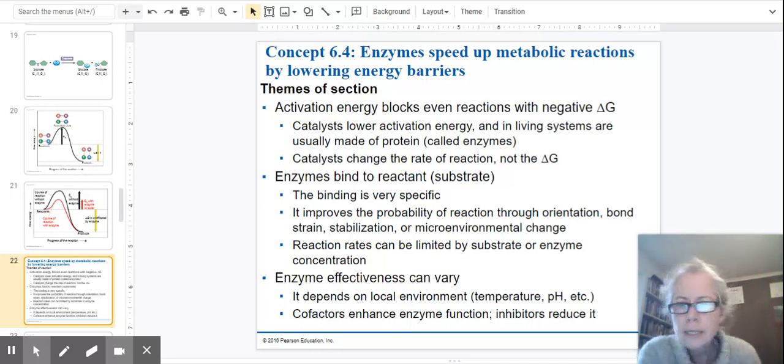And in this section, I'm going to tell you about how enzymes bind to substrate and how they lower activation energy. I'm also going to explain that enzymes' ability to function is sensitive to environmental conditions, which you can vary, and thus vary the function of the enzymes.